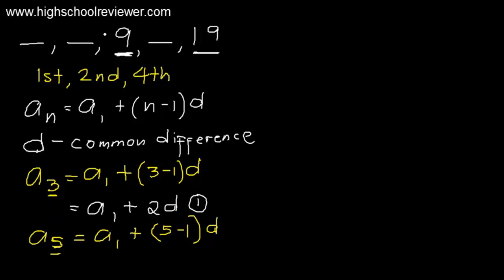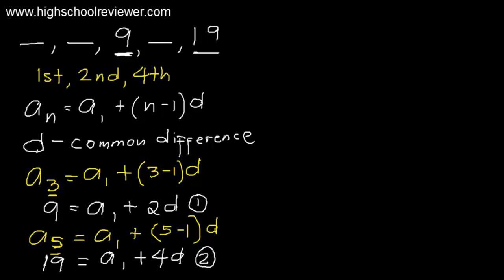So our a sub 3 here will be positive 9. So our equation 1 will be 9 equals a sub 1 plus 2d. For our a sub 5, the value of a sub 5 is 19. So we have positive 19 equals a sub 1, and we have 5 minus 1, that is positive 4, so this will be plus 4d. This will be our equation 2.